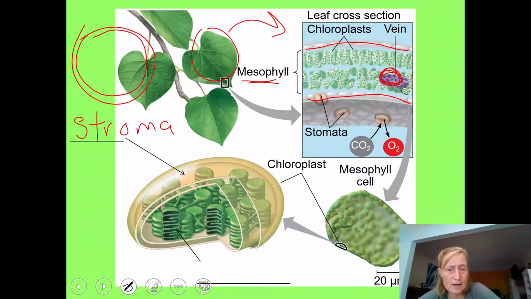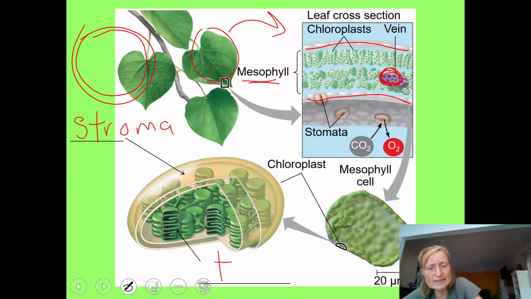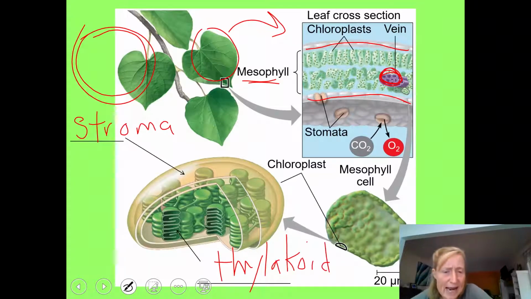And in the stroma are little green sacs called thylakoid sacs, usually stacked up in little stacks called grana or granum. So you see lots and lots of those little green thylakoid sacs inside a single chloroplast, and lots of chloroplasts inside a single cell. This is where photosynthesis is going to happen, in our chloroplasts.